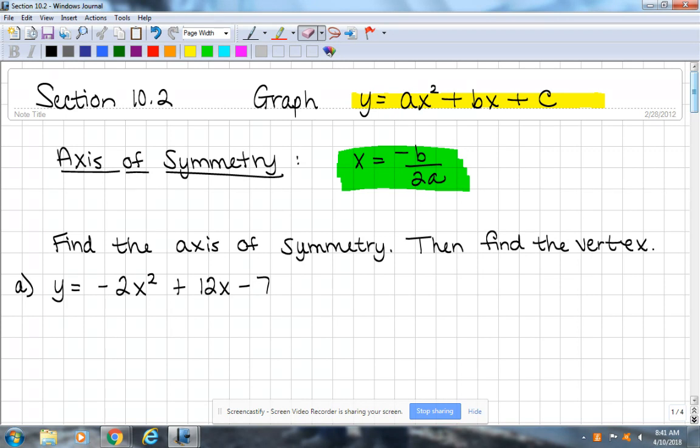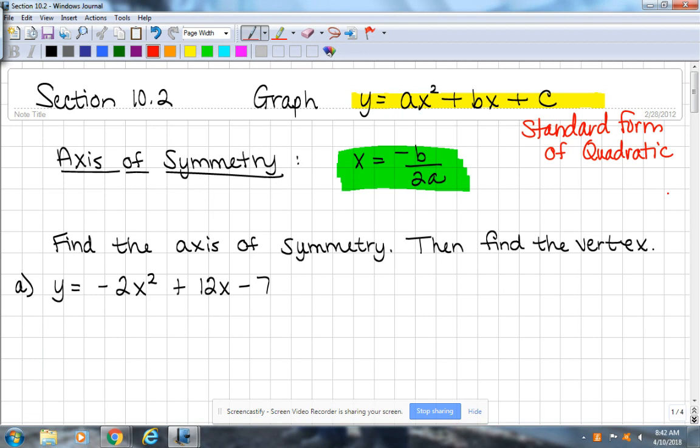Well, we might be wondering what a and b are. And that comes from this equation right here. This is called the standard form of a quadratic. Standard form of a quadratic is ax squared plus bx plus c.